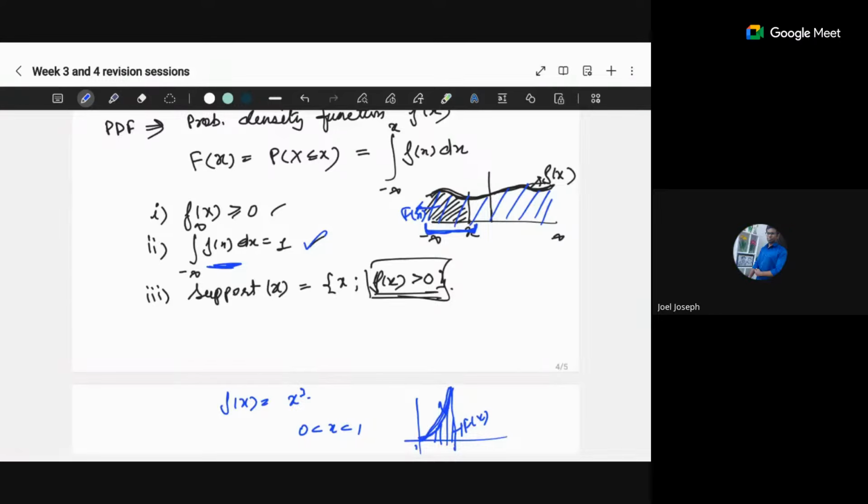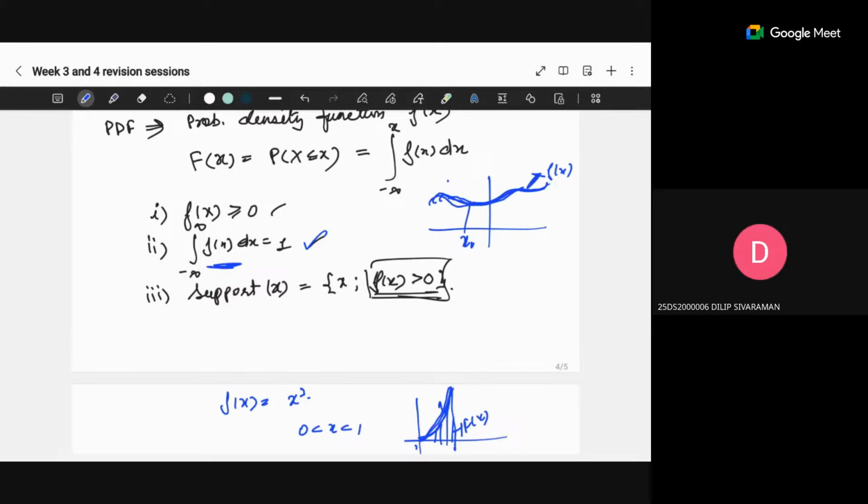Ma'am, could you just briefly explain what support is? Support is, so F(x) is basically, I think the curve is my small f(x).